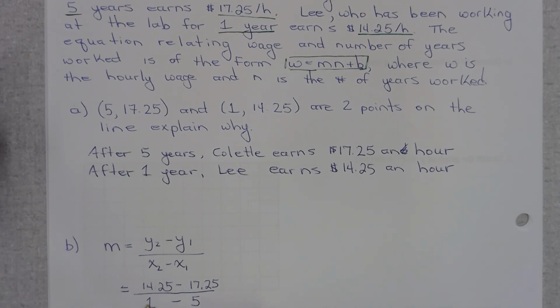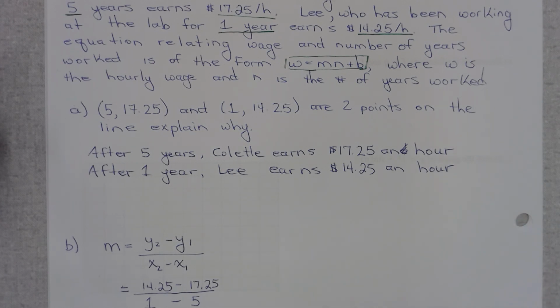And when I do 1 minus 5, I'm going to get -4. So my slope is equal to 3/4, or 75 cents. So they're both getting raises of 75 cents each year.